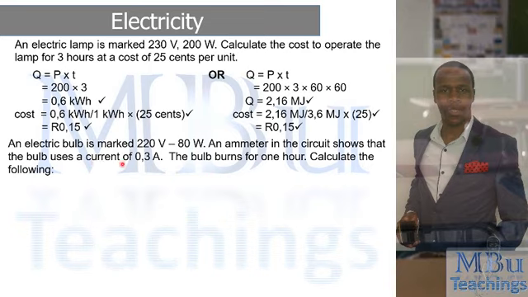An electric bulb is marked 220 volts, 80 watts. So this is voltage, that is the wattage.